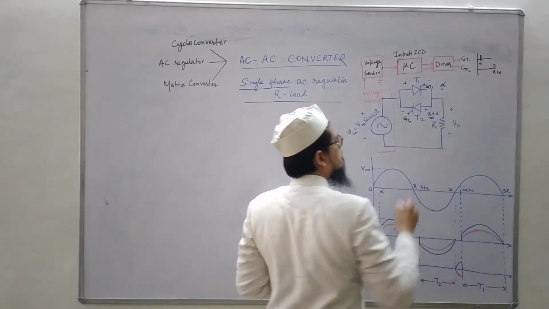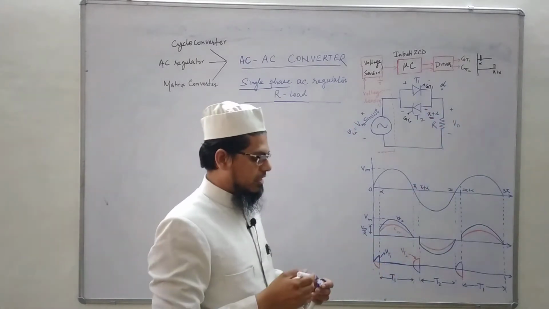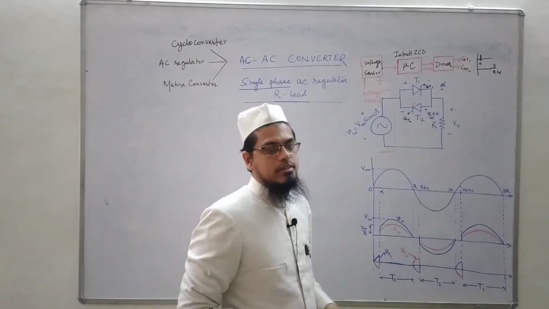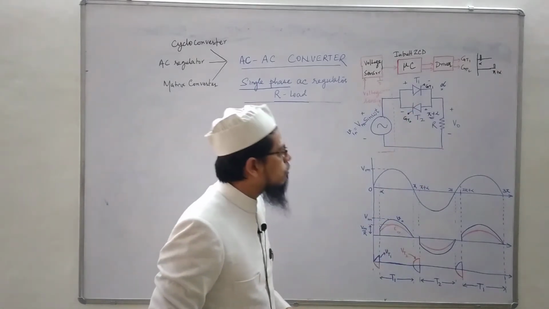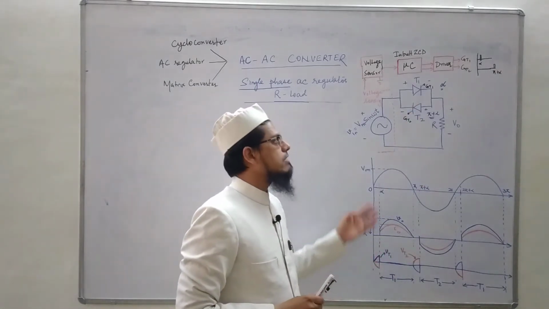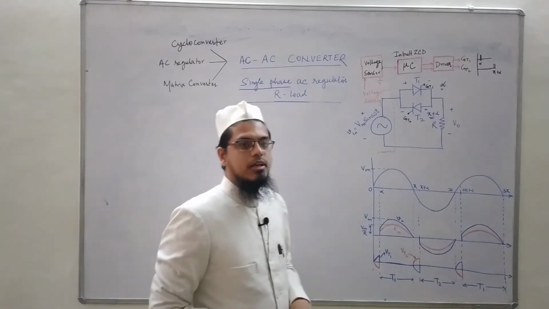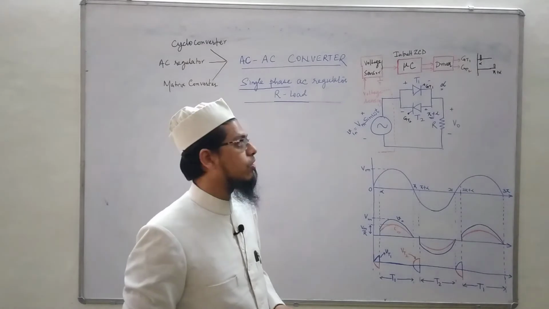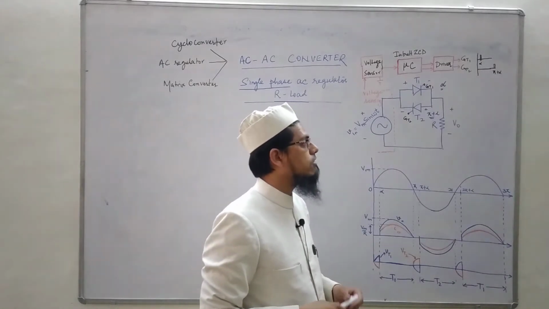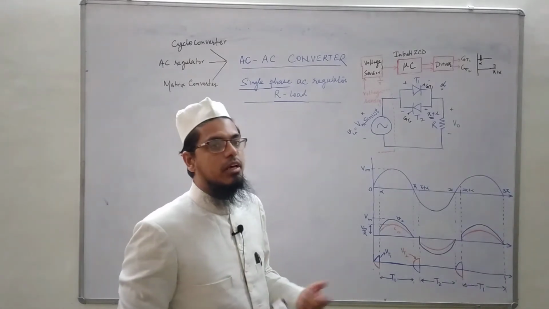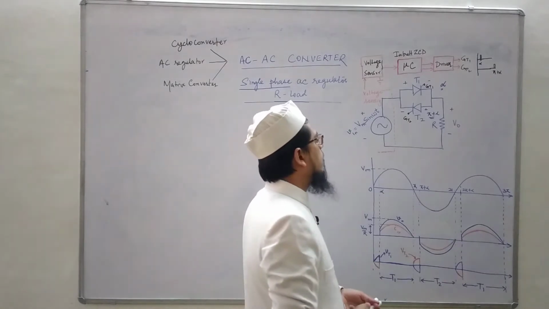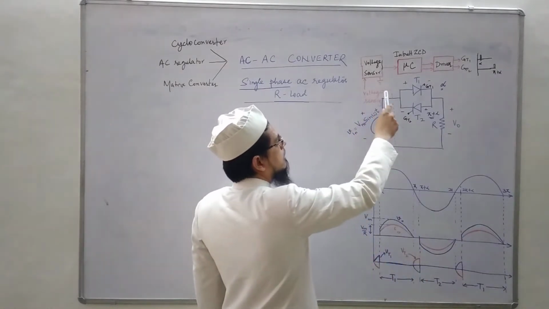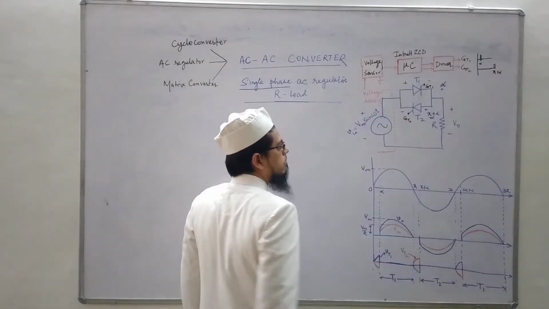So basically there is a phase difference of pi between the firing of the two thyristors. Moreover, we will be assuming in our analysis that the two SCRs are ideal in nature, so there is no loss associated with them, nor is there a voltage drop while they are conducting.